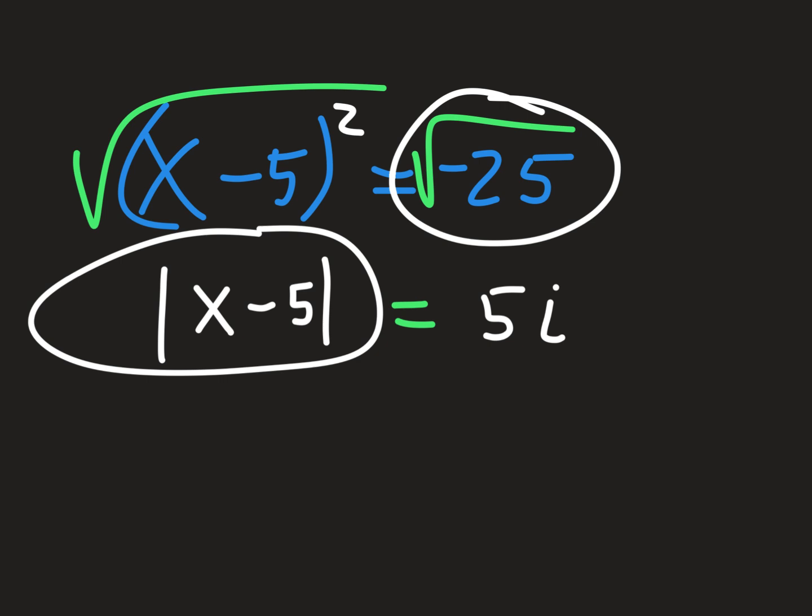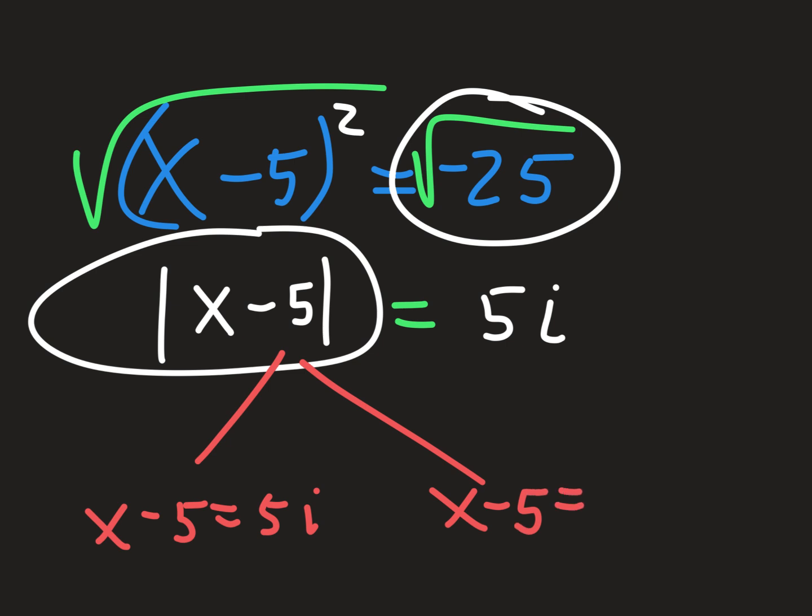All right. Zola, do you know how to split this into two equations? X minus 5 equals 5i. Perfect. Negative 5i. Nice. Mr. French, next step on those red equations.